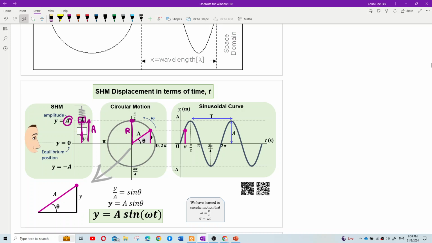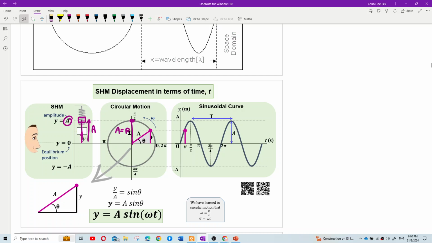If the block is here, it means it is at the amplitude, right? The length of the amplitude is its radius. So I can say the radius is the amplitude.